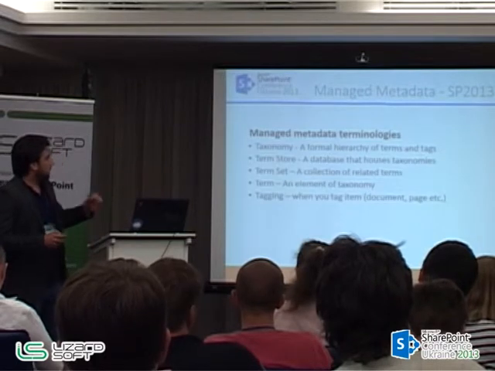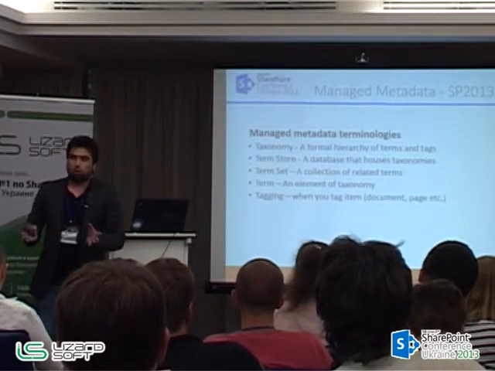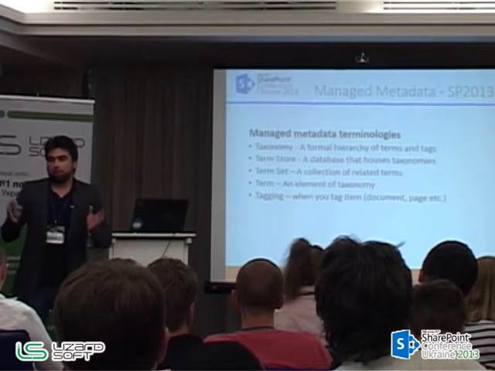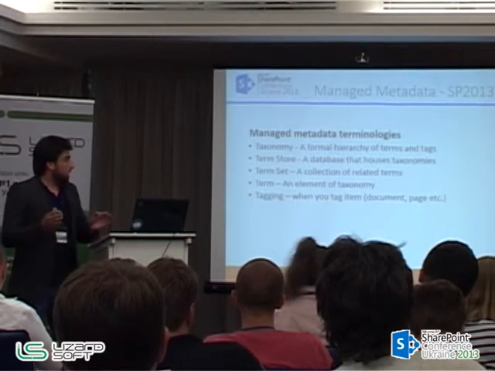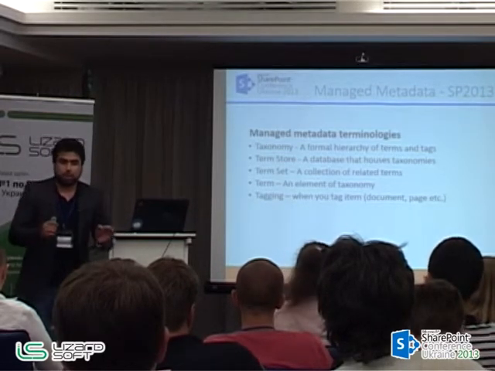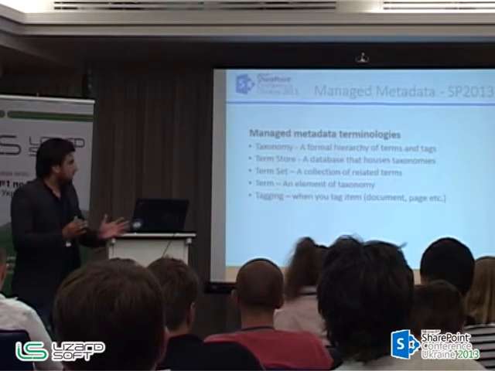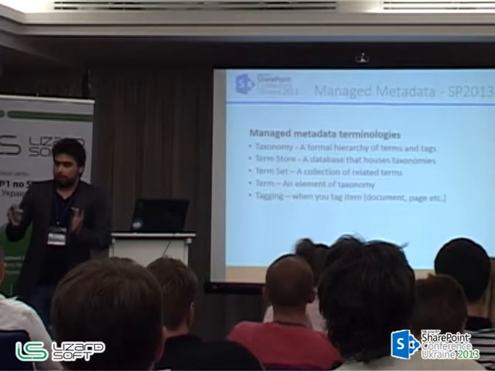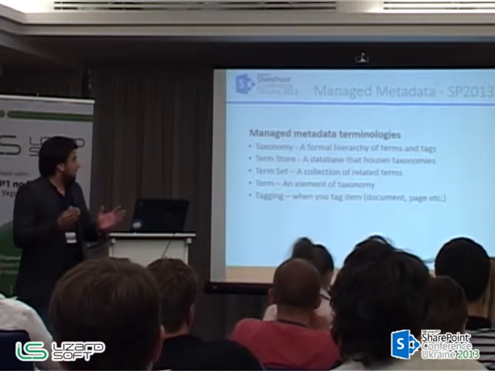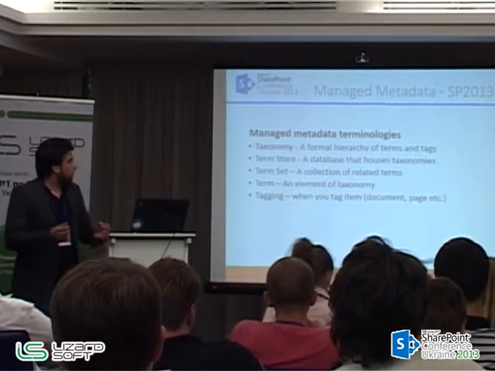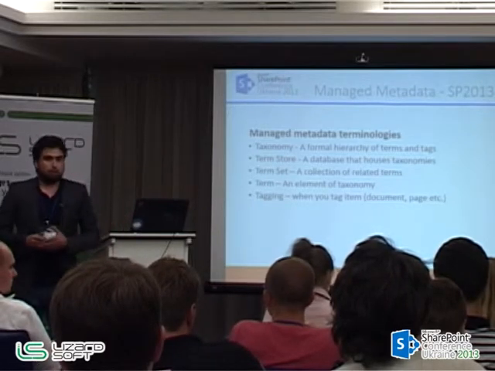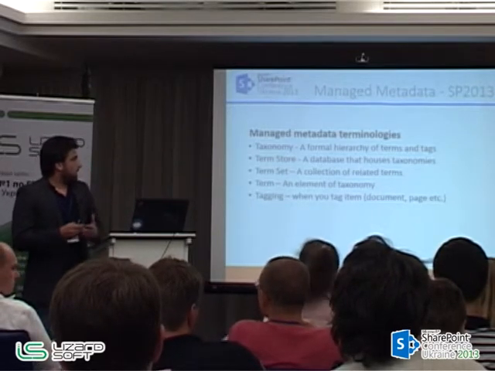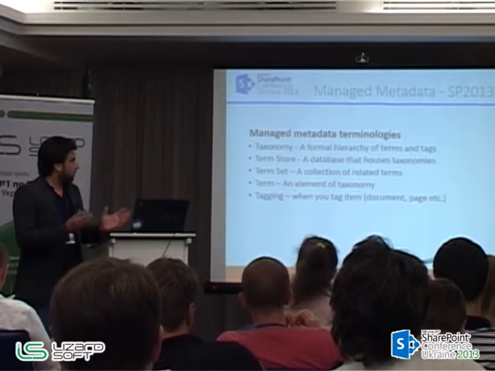So just a little bit about taxonomy. When we talk about the managed metadata service application, it is very important to understand these concepts. Taxonomy is a set of terms and tags that we use in managed metadata. We call them taxonomy. A term store is a database that houses those taxonomies.